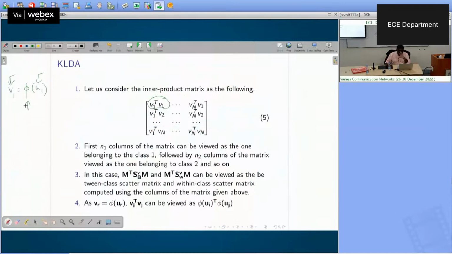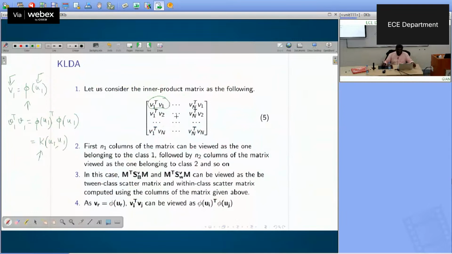Then this V1 transpose V1 is actually phi of U1 transpose into phi of U1. This is the inner product in the higher dimensional space, and this one we are going to replace with K of U1 comma U1, using that kernel function. Okay, fine. I can of course replace this with the kernel functions now.